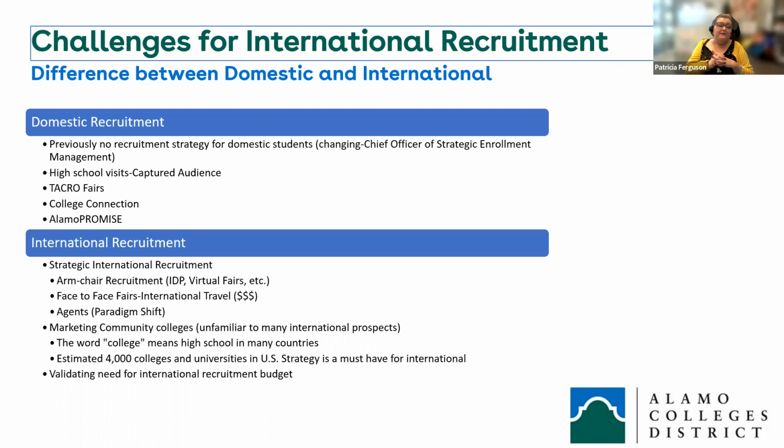We now have a new program called Alamo Promise, where we have a variety of school districts, and we're adding more and more, where if they reserve a seat at the college, they get free tuition. This is based on the concept that they apply for financial aid, and then Alamo Promise covers any gaps for our students. So this is basically what we do here in the domestic area.